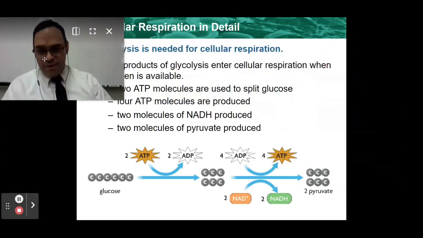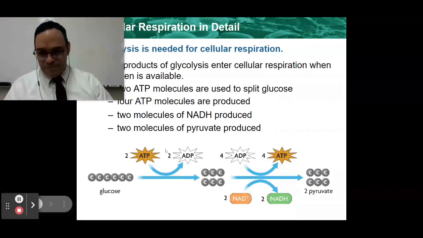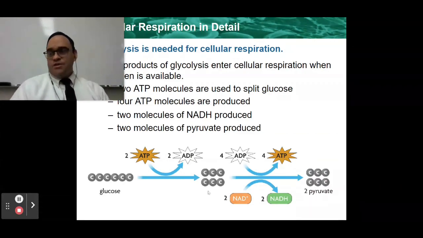So here we have glucose. You add two ATP, right? Two ATP become ADP, so two triphosphates become two diphosphates. And then you have four ADPs, and those four ADPs end up becoming four ATP.